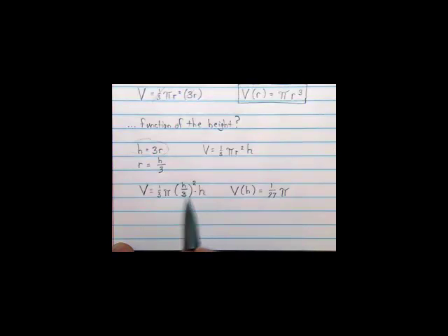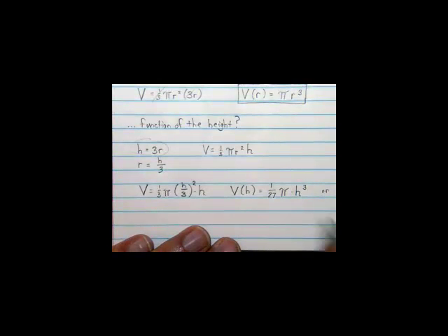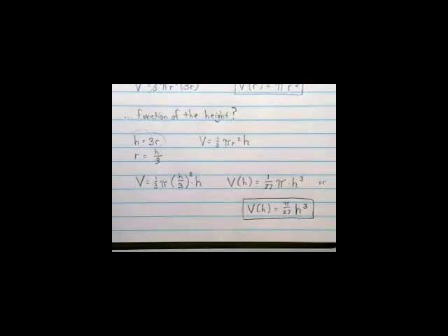Because I've already used the 9 from here and brought it out to that fraction. So h squared times h, what's that going to be? h cubed. Okay, so that's acceptable, or maybe a little bit cleaner: V of h equals pi over 27 h to the 3rd. So that would be doing it as a function of its height. Okay, so that's the idea with that.